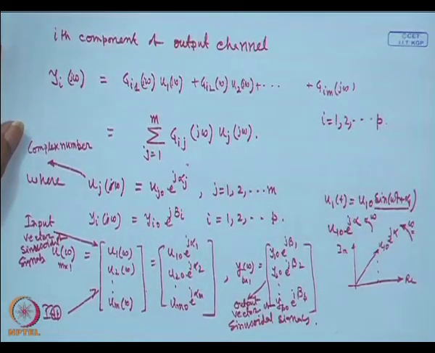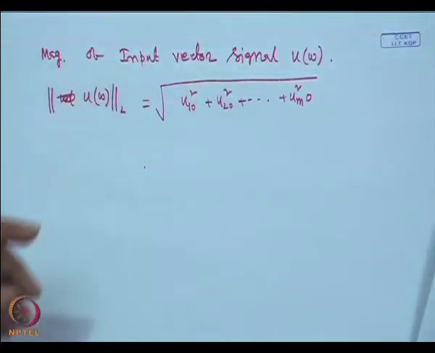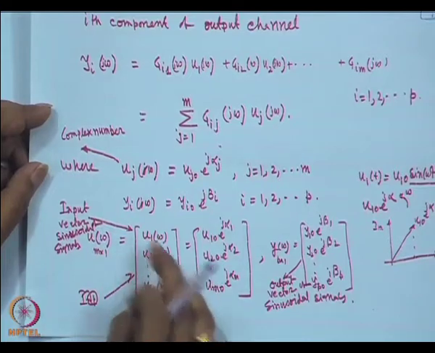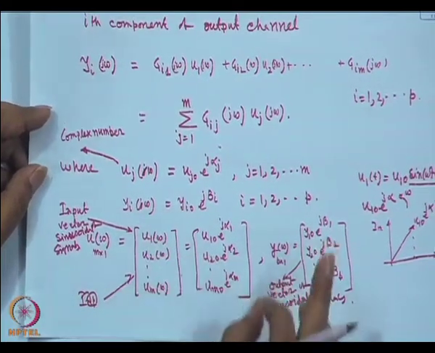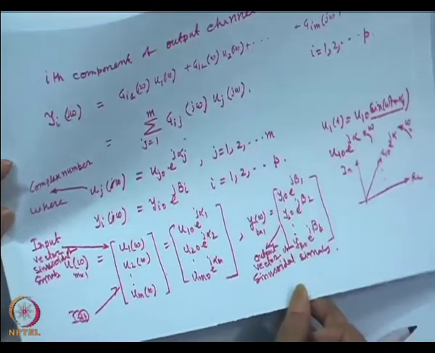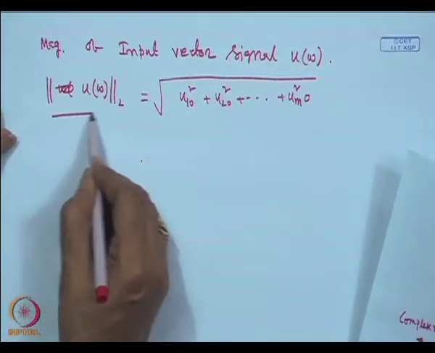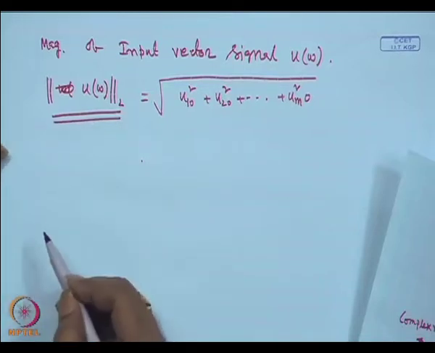Or u of w into u star transpose gives the magnitude square, but I need the magnitude. So it is the Euclidean norm of this signal.